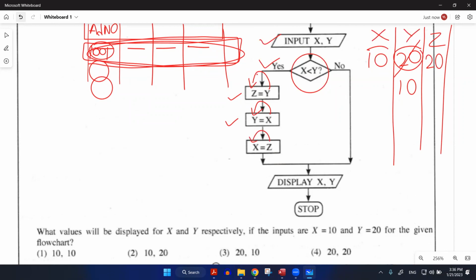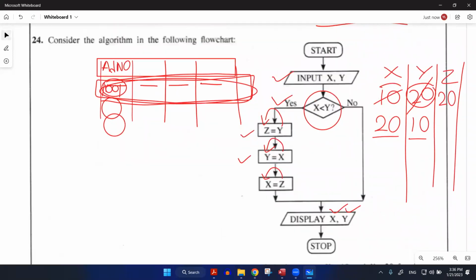The value of z is 20, so x becomes 20. Then they ask to display x and y. So x is 20 and y is 10, and you are going to receive 20 and 10 as the answer. That's how the 24th is done.